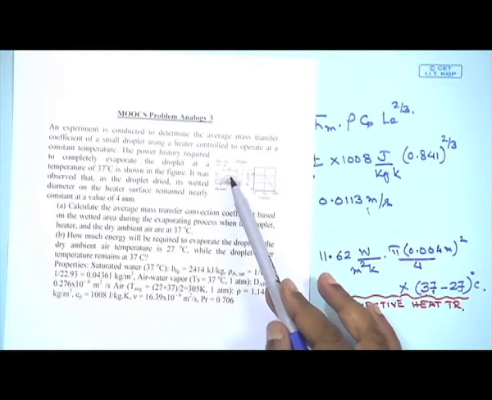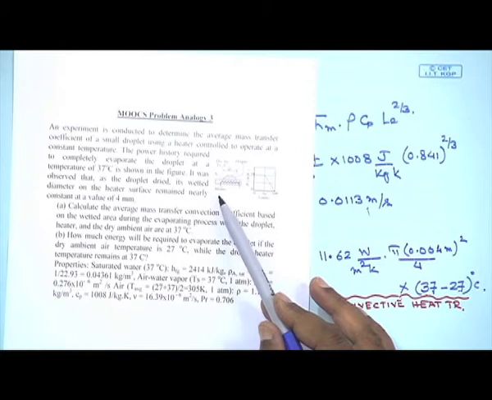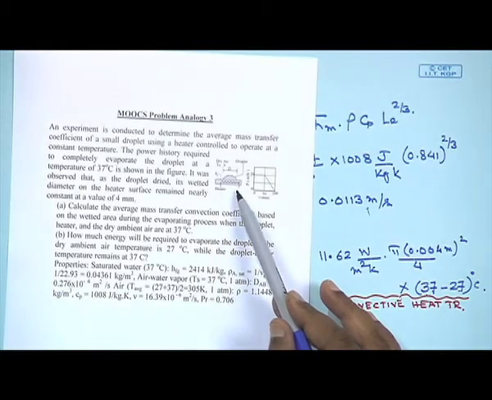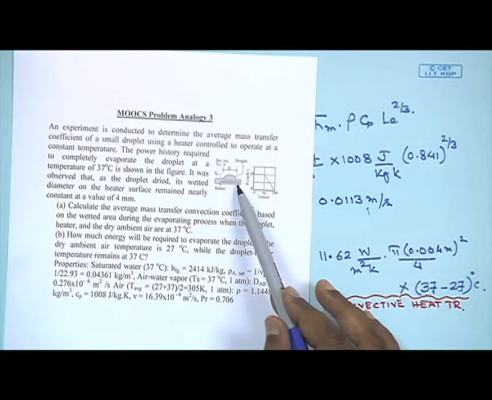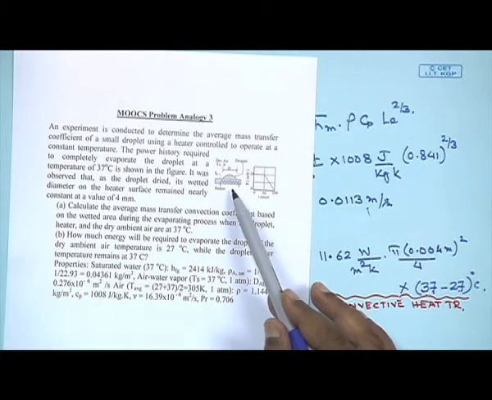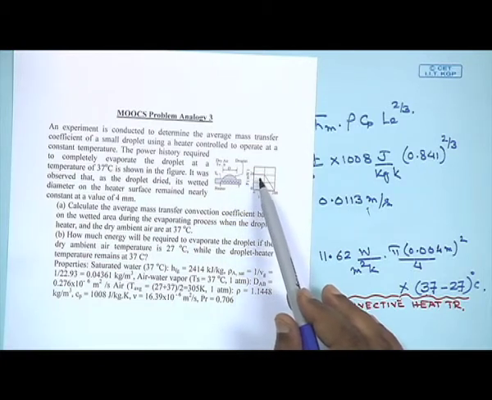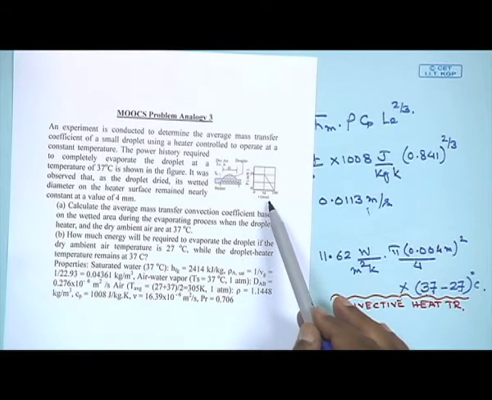in which a droplet is allowed to evaporate, and you only find out how much heat you need to provide to the substrate to maintain its temperature at 37 degree when the evaporation is taking place, and you plot the power requirement as a function of time.